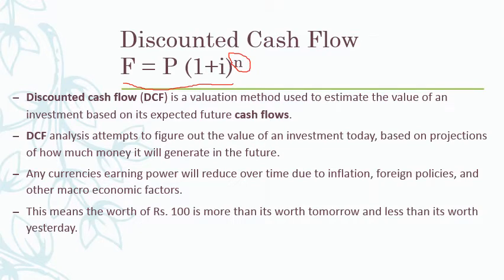If the rate is say 10%, then i would be 0.1, then it is 1.1 to the power of N. If it is after 1 year, then it is 1.1 to the power of 1. Like that it will be calculated.